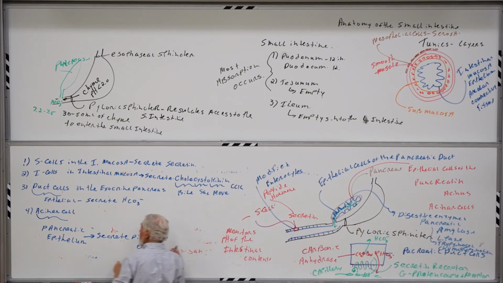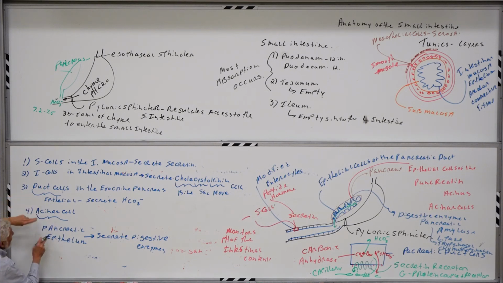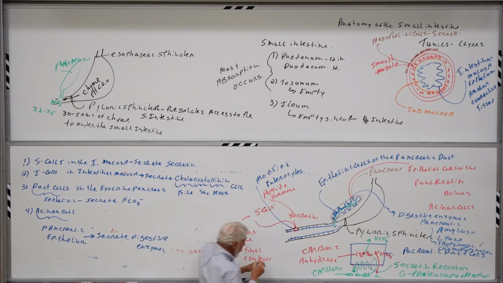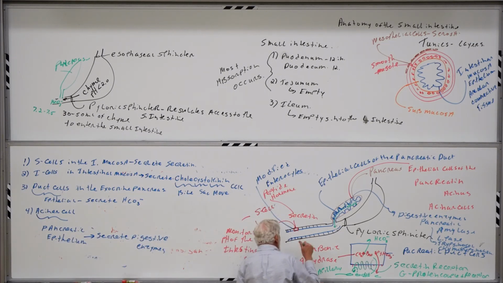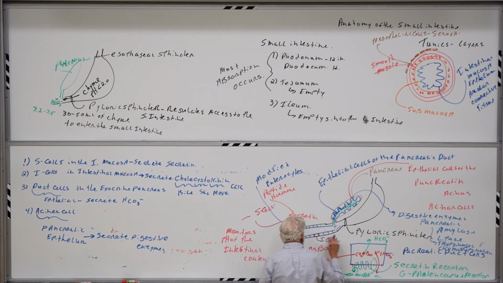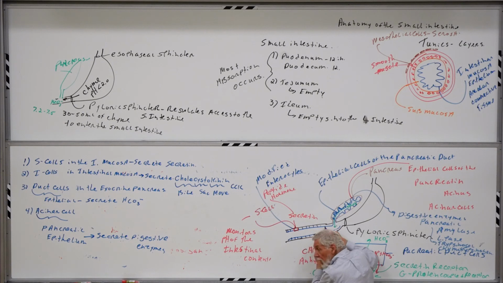Now, in the last minute, the signaling here is going to be where the I cells, again in the mucosa here, let me put this in purple. These I cells are monitoring for lipid and protein coming out of the stomach.